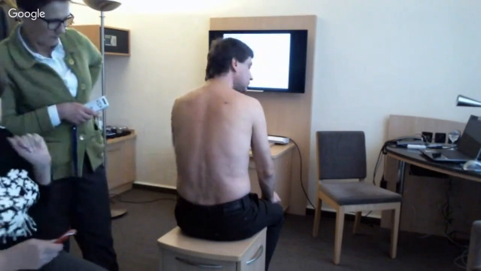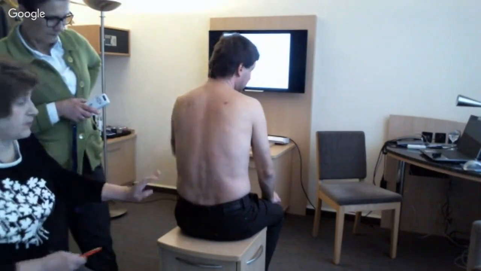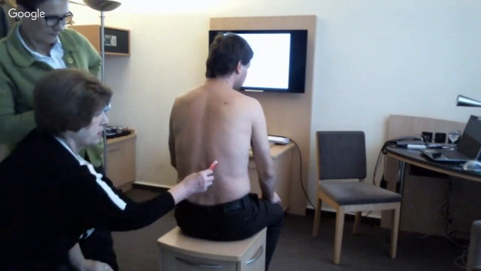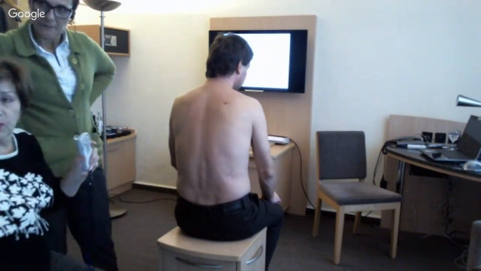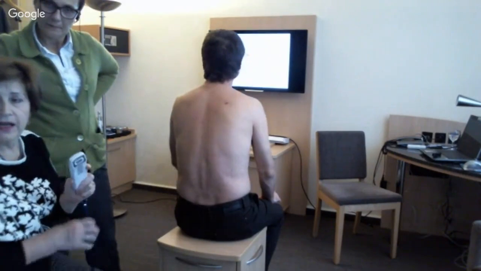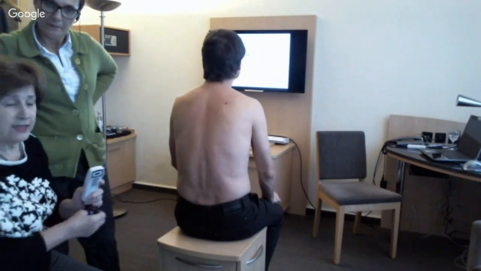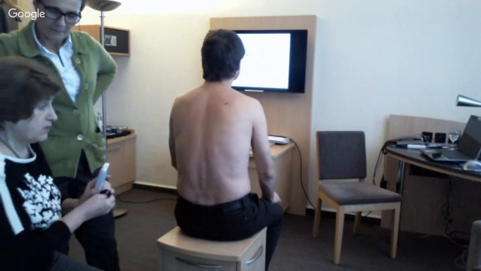So what should we do in this situation? We have found the hyperemia, the red spot, and now we are going to check in which direction this spot will get paler.